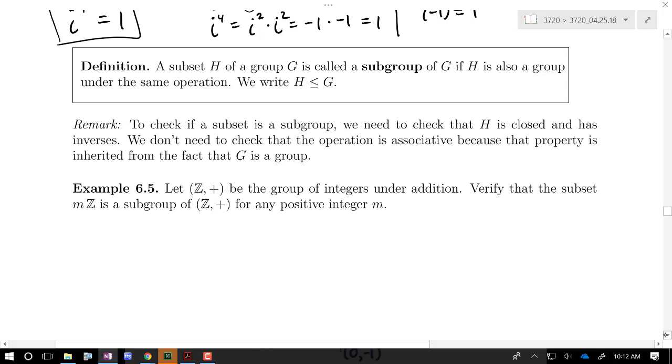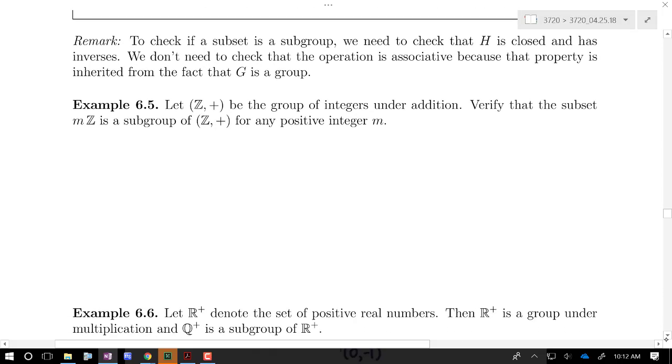As a quick example, just to get our sea legs with this, the integers are a group under addition. The identity element is 0, and the inverse elements would just be the negative. So if a is an integer, its inverse is negative a. We're going to show that the subset mZ is a subgroup for any positive integer m, by which we just mean the multiples of m in the integers.